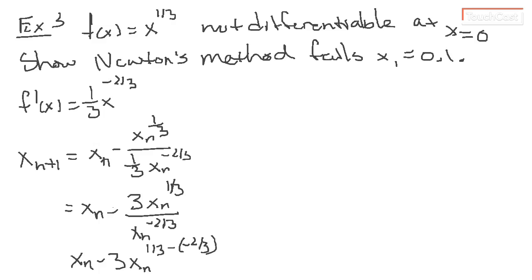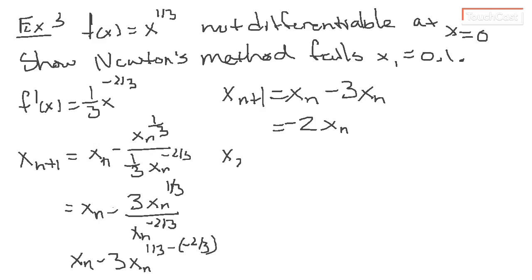So we're going to have xn plus 1 equals xn minus 3xn, which we can simplify to negative 2xn, because 1 minus 3 is negative 2. So that doesn't work, as we can see once we start plugging in our x1.